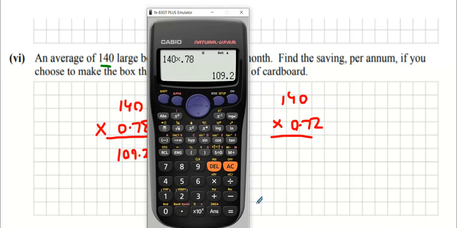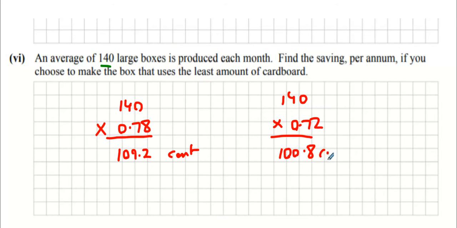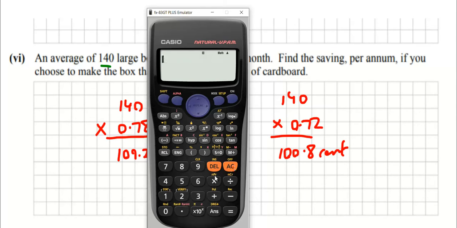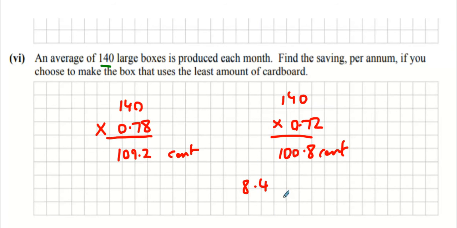And then this one is 100.8 cents. Now, all that calculation just to take the two of these away from each other. 109.2 take away 100.8, and you save 8.4 cents per month. There you go. Efficiency, huh?